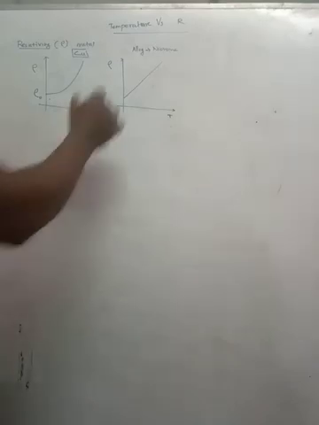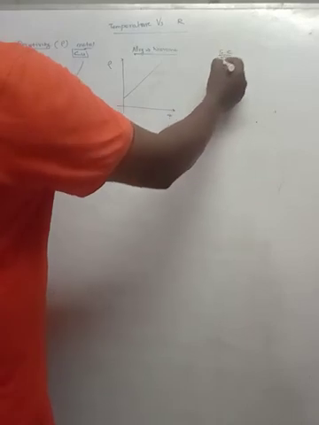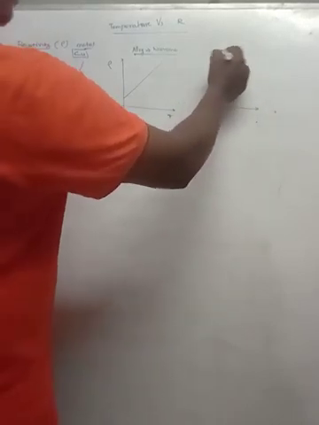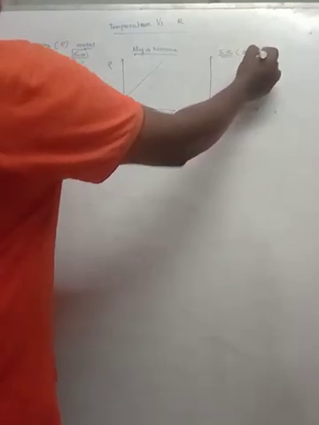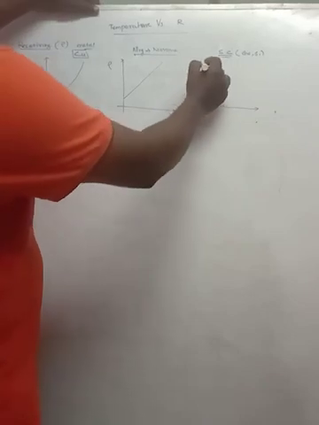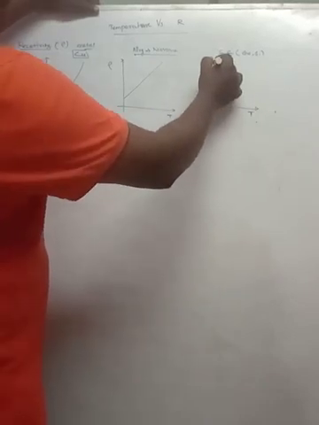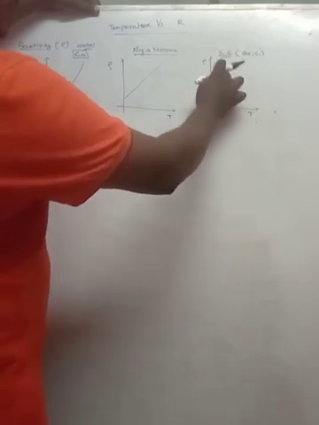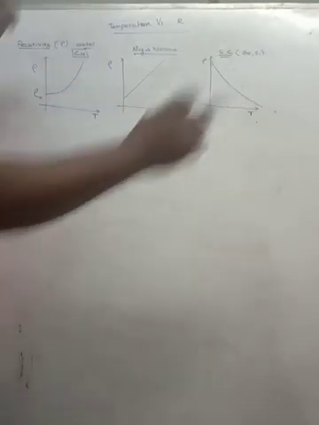Now let me draw a graph for a semiconductor, like germanium or silicon. The graph between rho and T is not directly proportional, or you can say that as the temperature increases, the resistivity decreases. The graph will be decreasing.